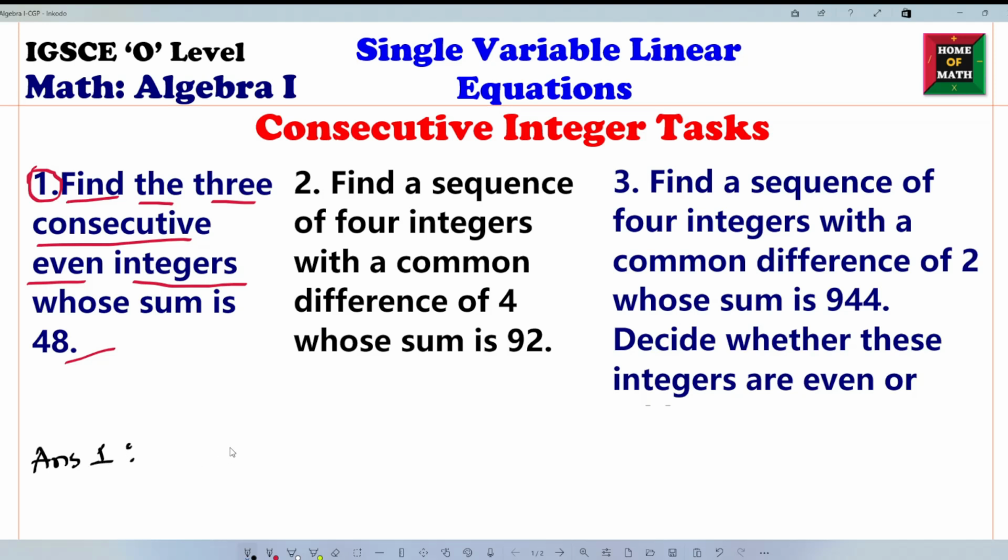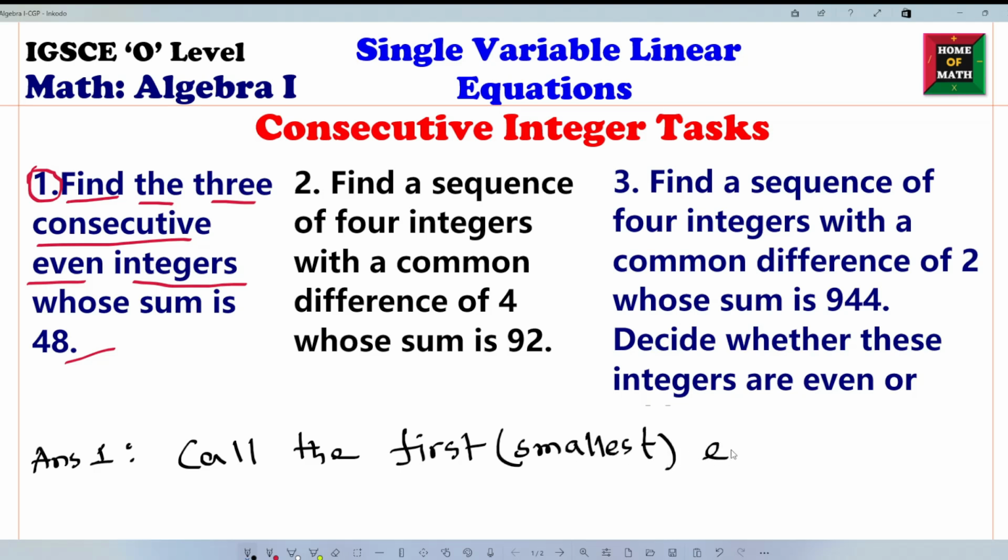1. First, call the first, smallest even integer x, right?